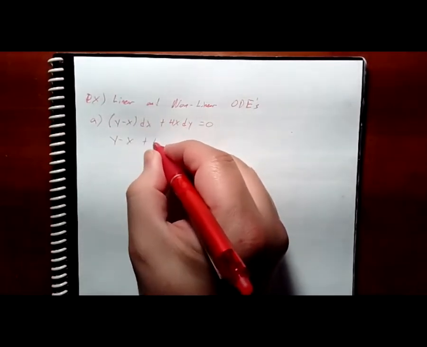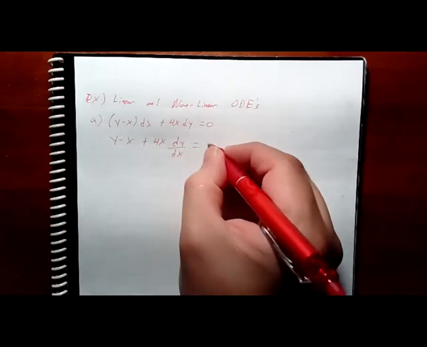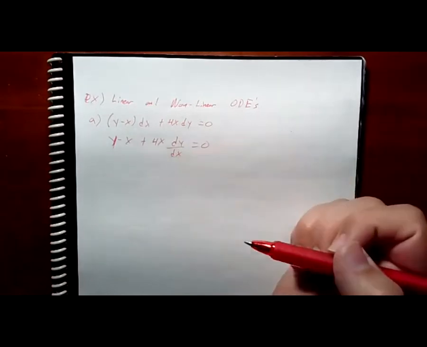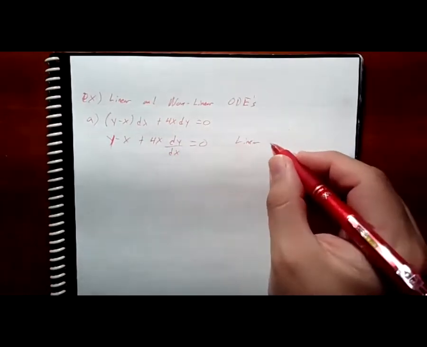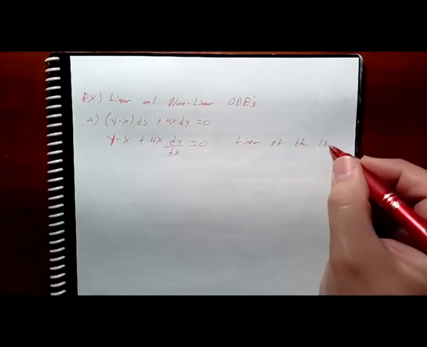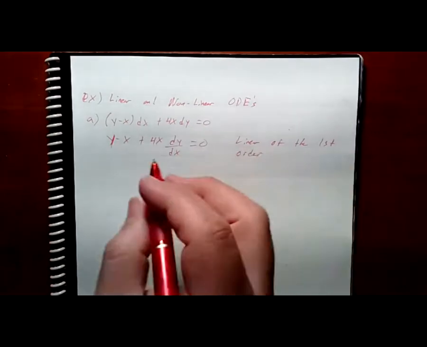I think it might be the same question actually. Dy dx. So yeah, I don't see anything strange with the y. I don't see anything strange with the dy dx. This is linear of first order, right? Nothing crazy.